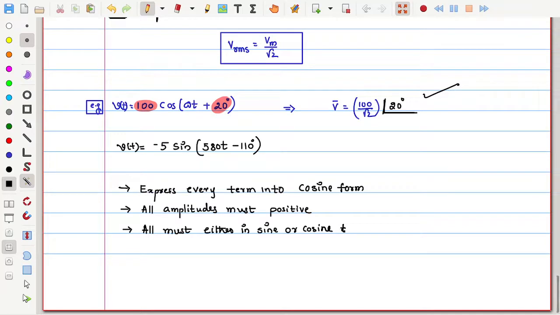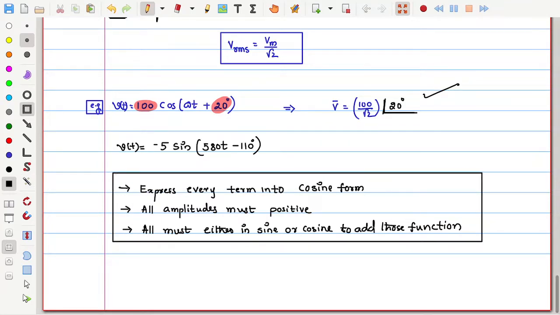I will show examples for these three, so do not worry, but these are the three conditions you should remember every time.